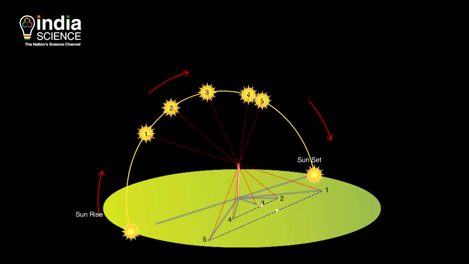The line joining that middle point to the base of the pole would bisect the angle and thus give the north-south direction. This is how the ancient astronomers determined the east, west, north, and south. This was essential for monitoring the uttarayana, dakshinayana, and the seasons.